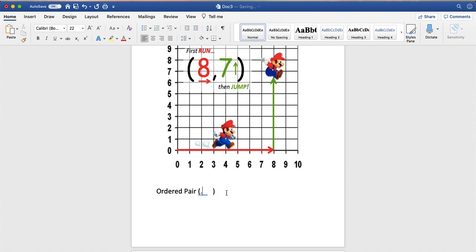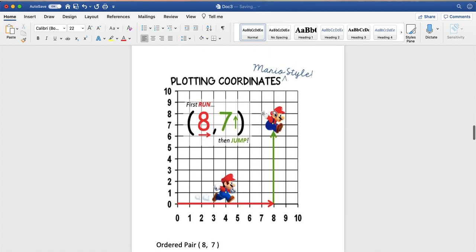And our 2 numbers are separated by a comma. So the numbers, let's use what Mario had over here, 8, 7. So that's how we write an ordered pair. Remember, we need to use our parentheses, and then it's how far we had to run, separated by a comma, by how high we needed to jump.